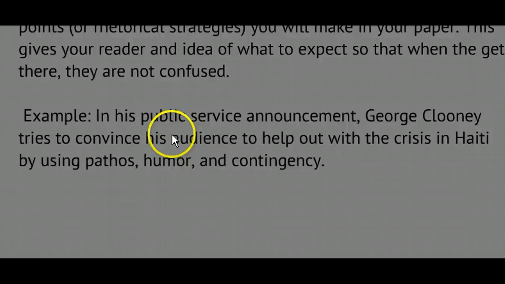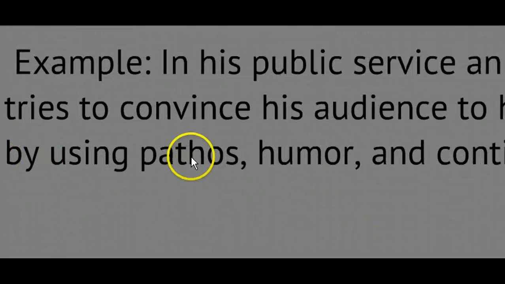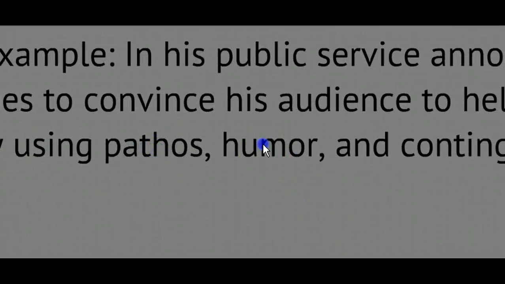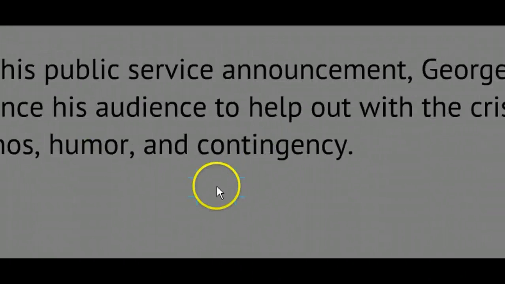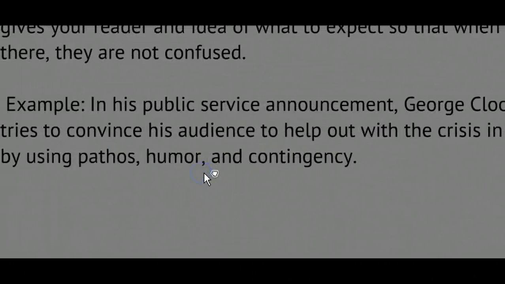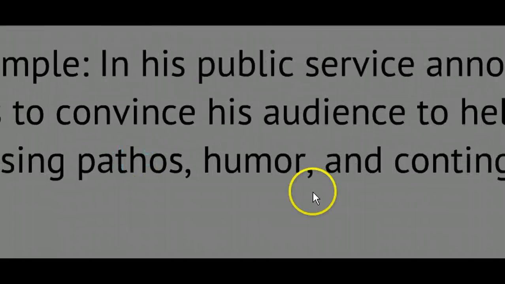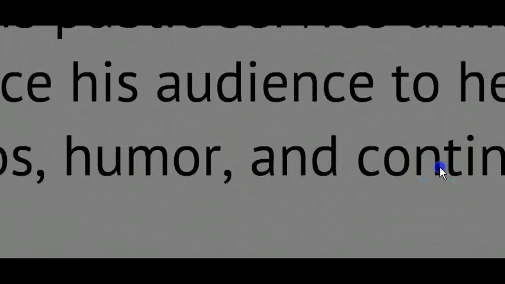So, for example, this is what a thesis statement finished might look like for a rhetorical analysis essay. In his public service announcement, George Clooney tries to convince his audience to help out with the crisis in Haiti by using pathos, humor, and contingency. Then you would write an essay in which you talk about pathos, humor, and contingency and show how they're used in that piece of writing.